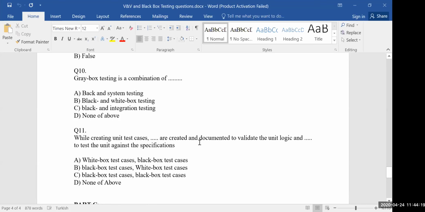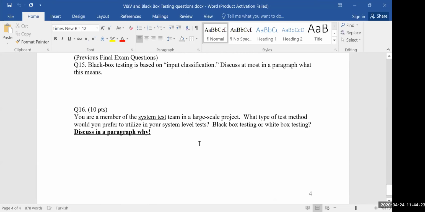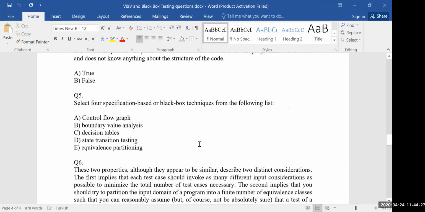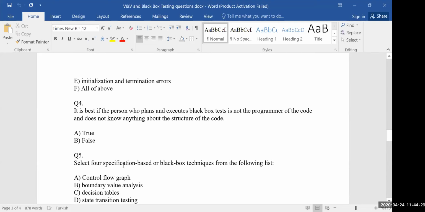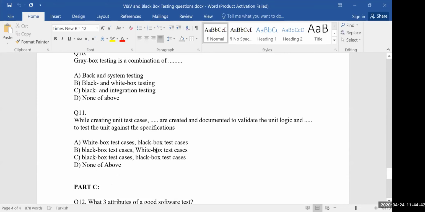Then we are going to start part C. Part C are from previous final exams, okay? Part B is previous quiz questions. For the newcomers, we are solving questions number 6, 7, 8, 9, 10, and 11, and you have 6 minutes, okay?